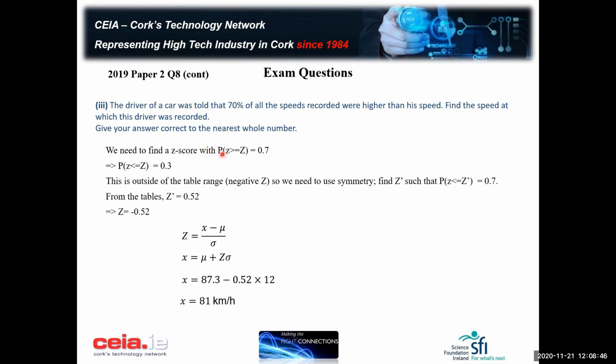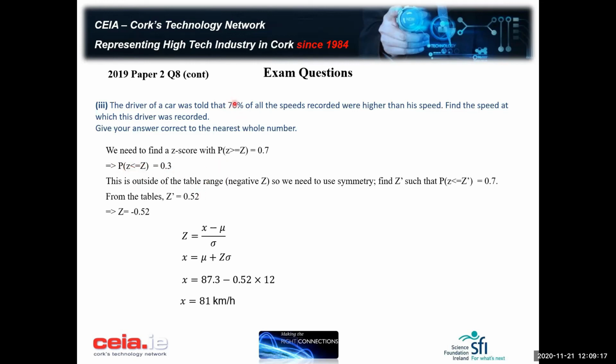We do know that a z-score must correspond to a tabulated value of 0.7, because the probability that z is greater than this value is 0.7. So actually the tabulated value would be 0.3, because 0.3 are less than this, and the tabulation is always of the number that are less than your z.